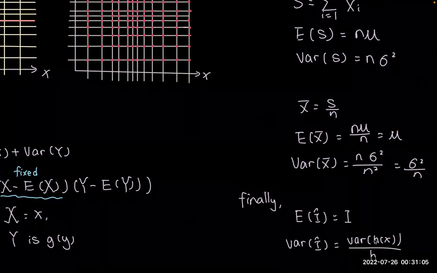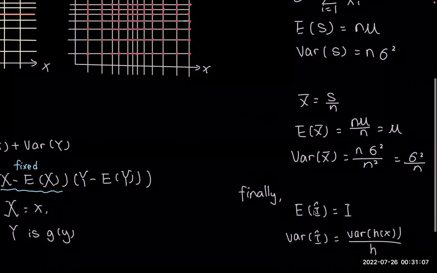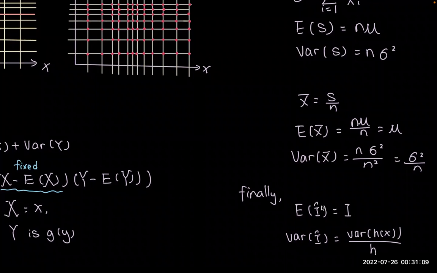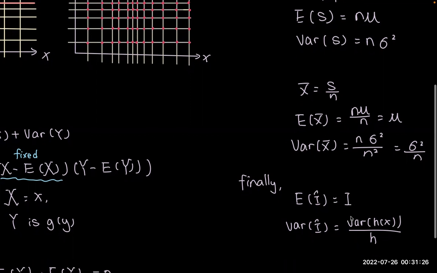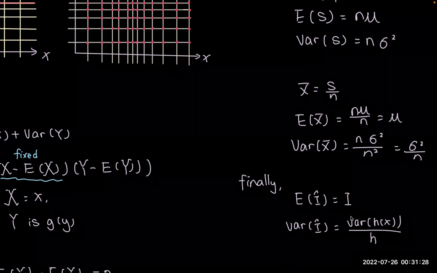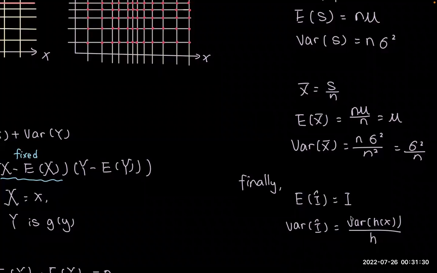So by the same logic, this I hat, which is a sample average for h of Xi, we can prove that the expected value of I hat is equal to I, that is, I hat fluctuates around the unknown constant I. This means that I hat is an unbiased estimate of I. So we don't introduce systematic bias by using the Monte Carlo method.